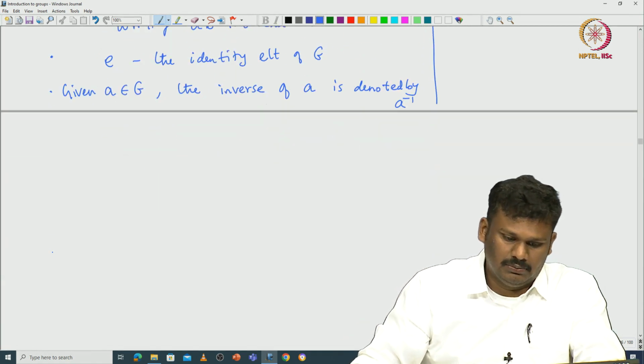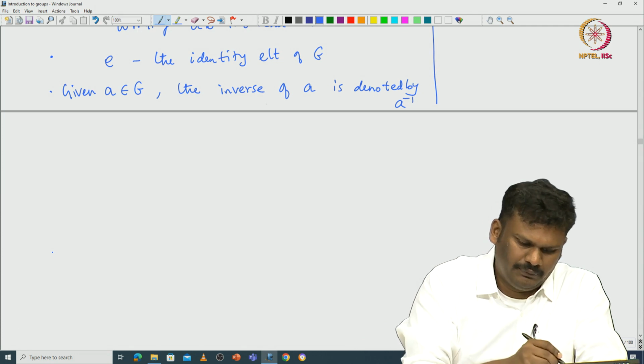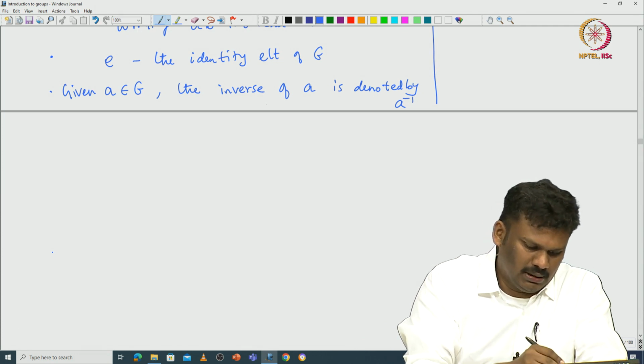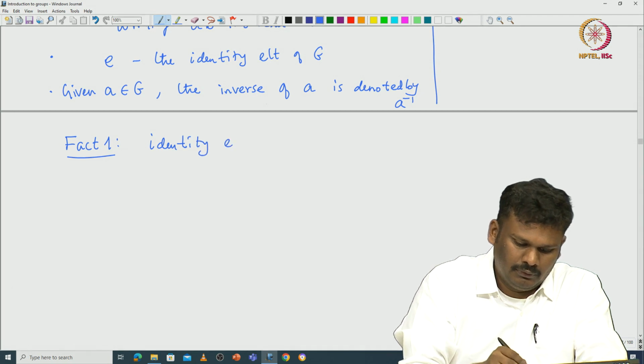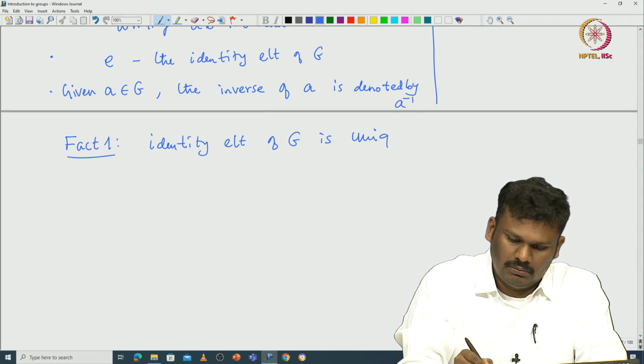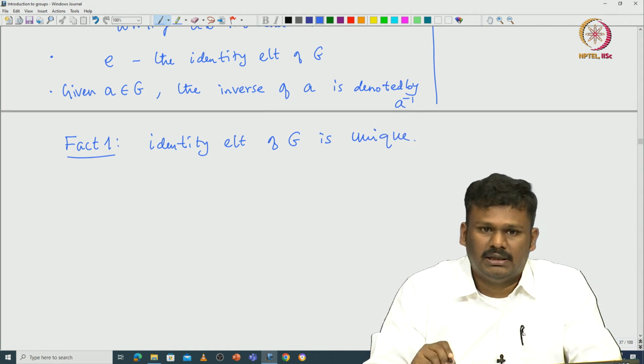So let's start with the identity element, okay. Let us try to prove its uniqueness. The identity element is unique, so that is fact one. The identity element of G is unique, okay. So what is the meaning of that?